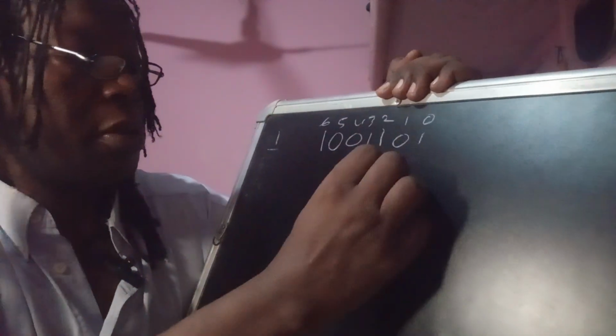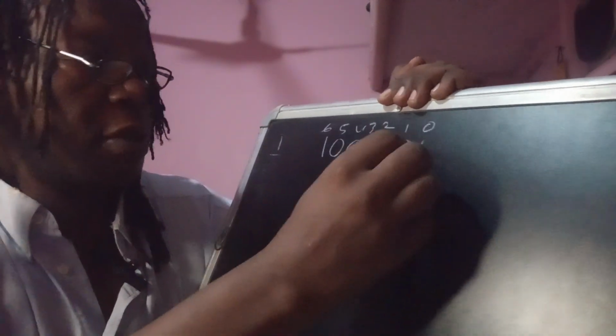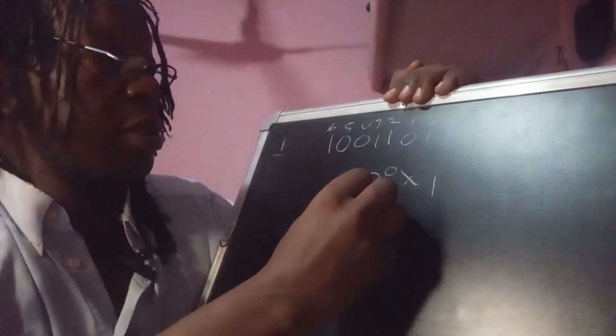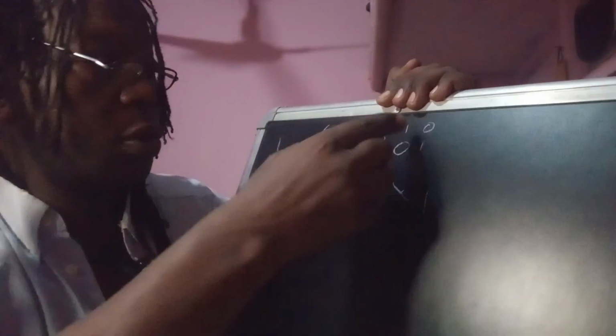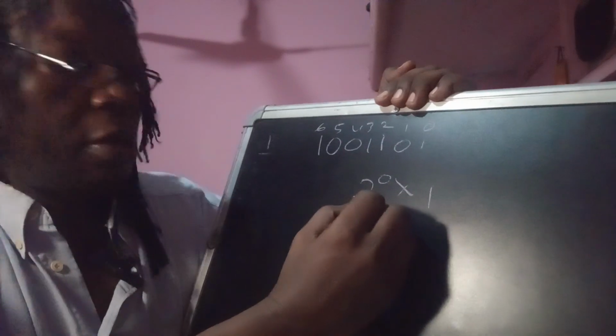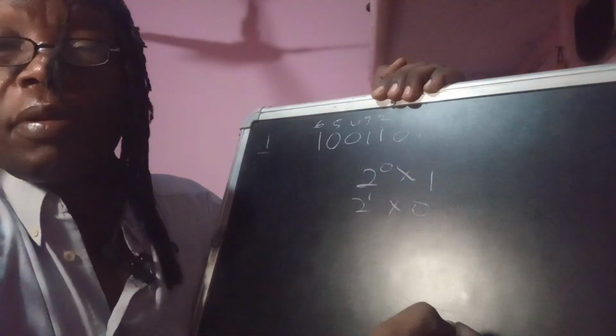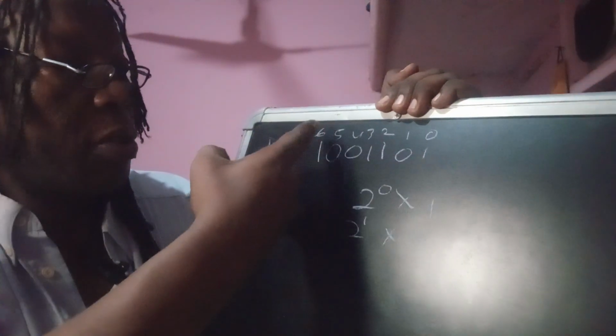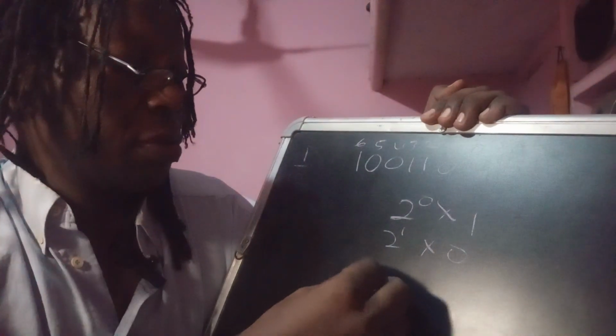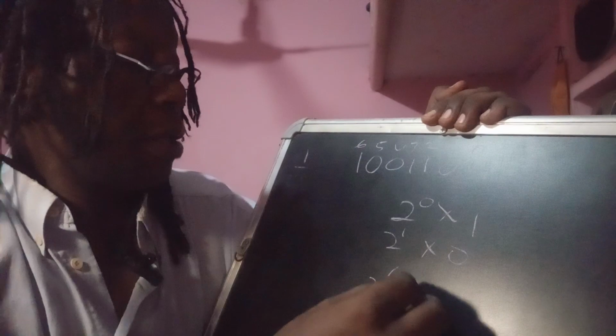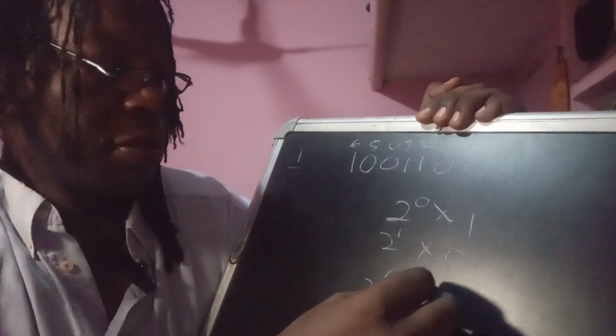So here is 2 to 0 times the value down here which is 1, here is 2 to the 1 against the value which is 0, and so on and so forth until you reach 2 to 6 times the value down here which is 1.